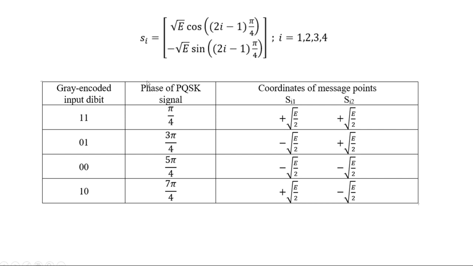From this table you can easily see that for a bit 1 the corresponding coordinate is positive, and for a bit 0 the corresponding coordinate is negative. So for 11 the coordinates are plus plus, and the values are the same, √(E/2). And for 01 it is minus and plus.